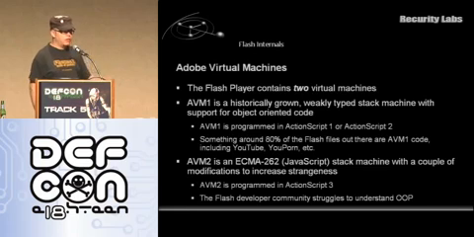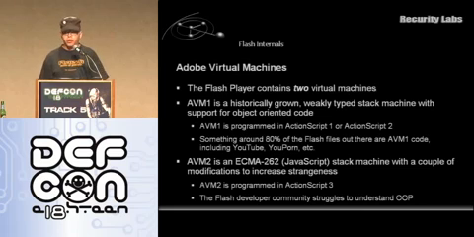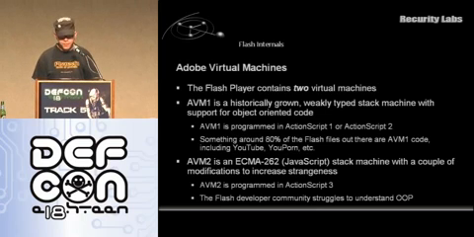AVM1 is a historically grown thingy that they came up with in Flash version 4. And something like 80% of the Flash on the internet is still AVM1. AVM2 is a virtual machine for the ECMA 262 JavaScript specification. But of course the VM is completely by Adobe's design, which is not necessarily good.